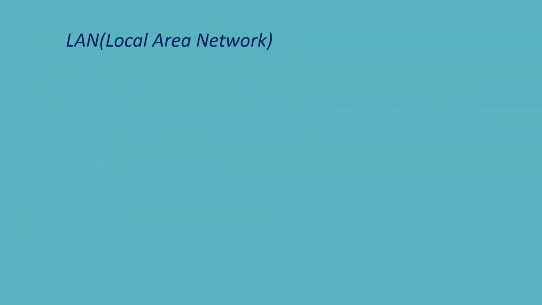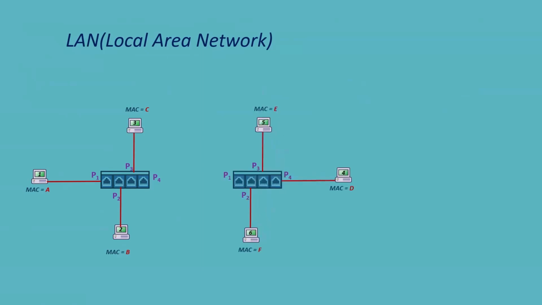Local area network. So we had our three PCs, PC1, 2 and 3, connected to ports P1, P2 and P3 of the hub. Similarly, now we have another such setup, another hub. We can call this hub 1 and this hub 2.